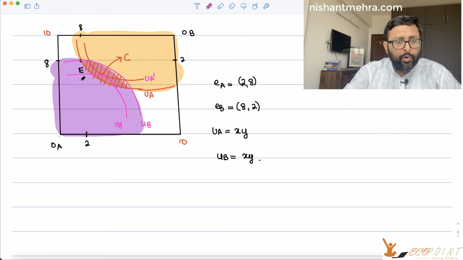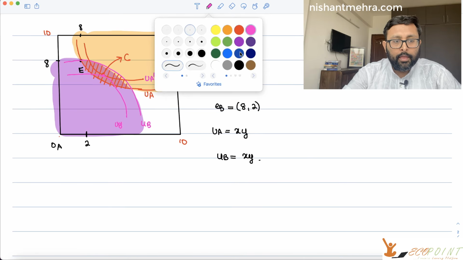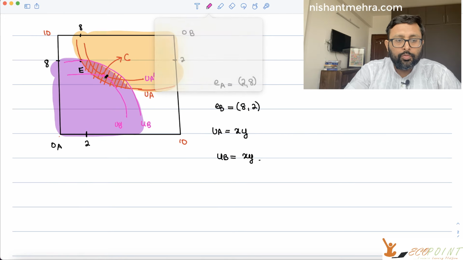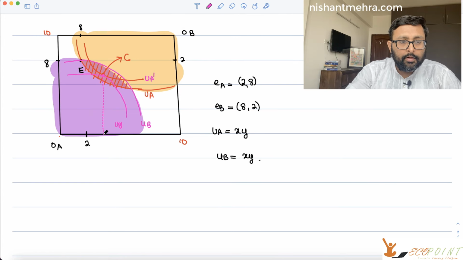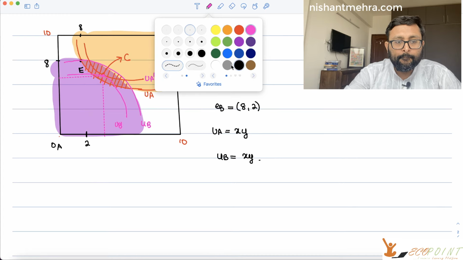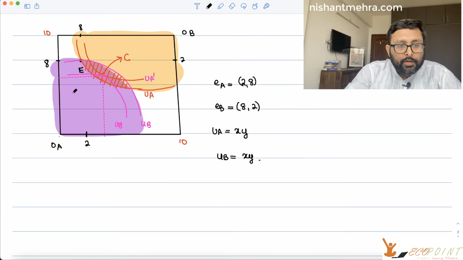When I move from point E to point C, at E, how much of X do I have? 2.